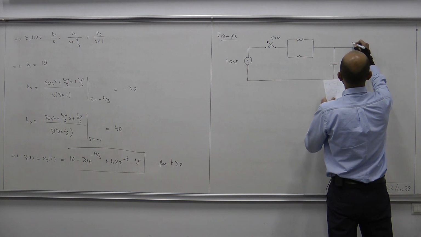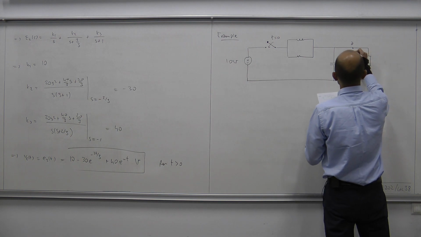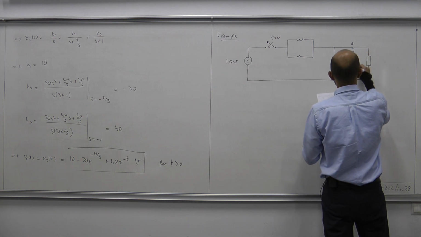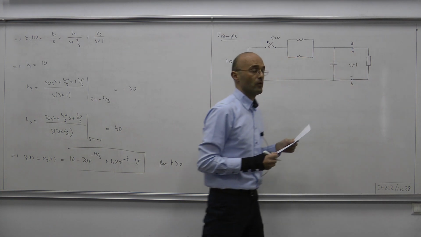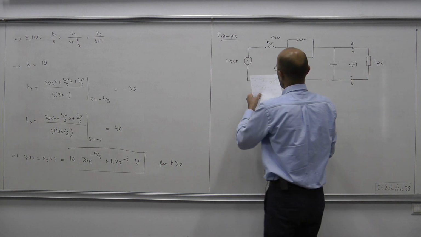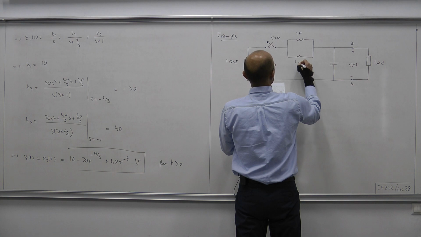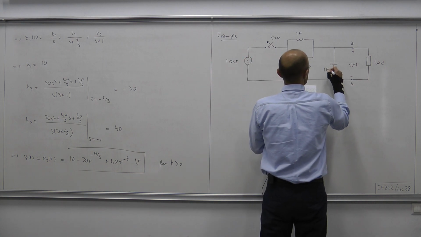Okay, these are terminals A and B, and this voltage is labeled as V of t. Okay, and this is the load. Now the parameter values are 1 Henry, 1 ohm, and this is 1 farad.